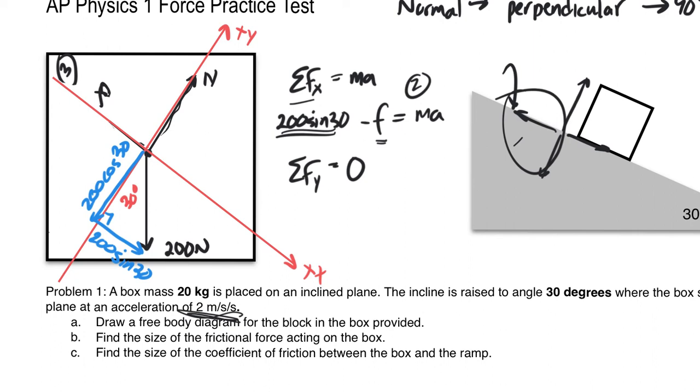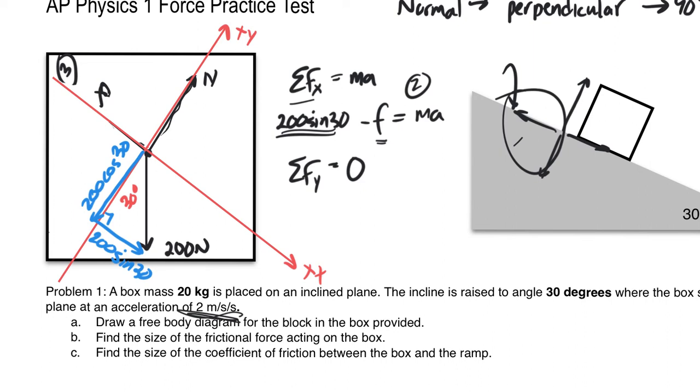So 1 point for listing those forces, and then 1 point for ensuring that you chose direction, which means you made one of them positive and one of them negative. That's where those 2 points will come from. But there will be a separate point for putting 200 sine 30 for the weight. So meaning a separate point is going to be issued for doing your trig correctly.